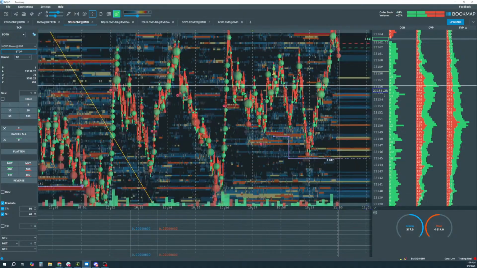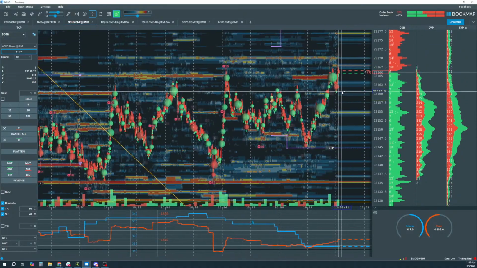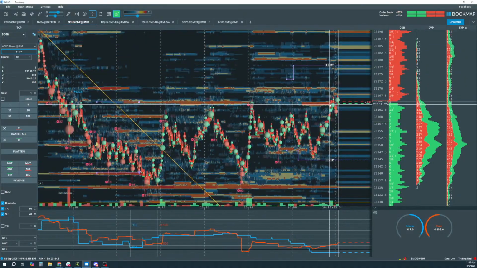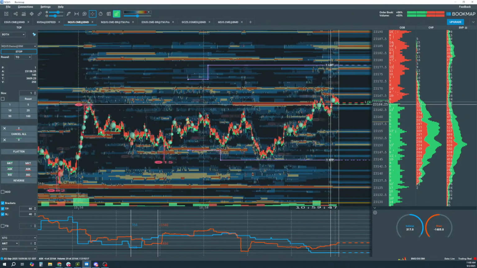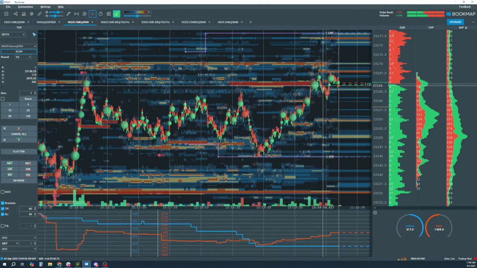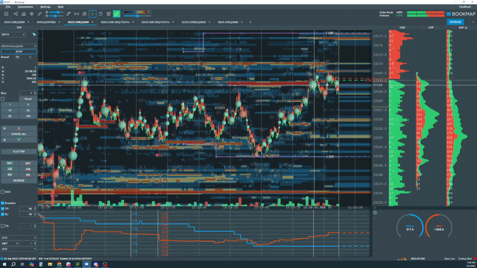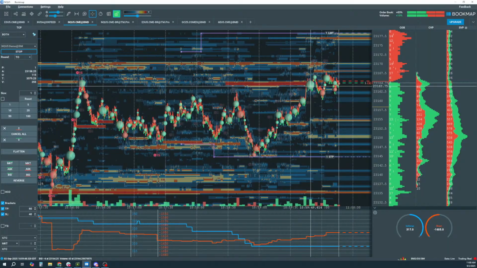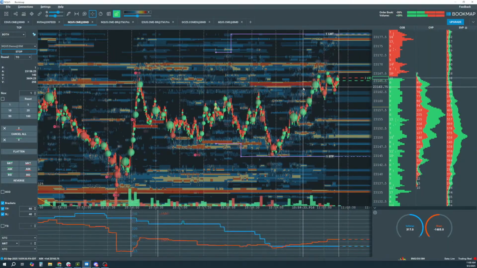Whoops. Okay, so now we traded into and through that 165. Now typically though, this should slow things down a little bit here, right? Like we note in the thinner markets.